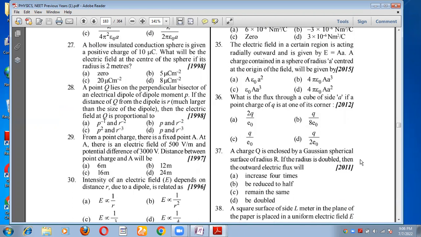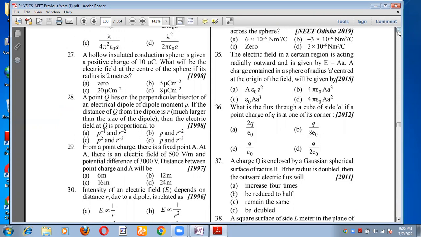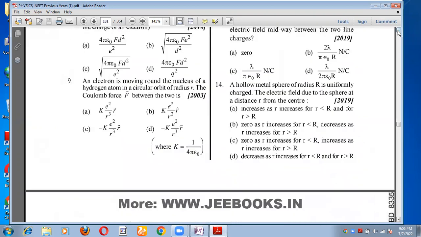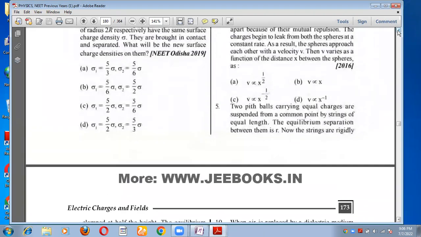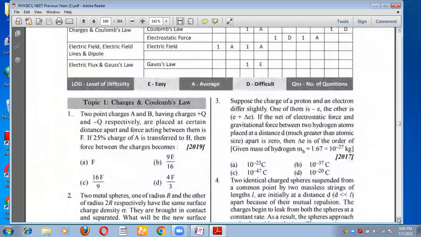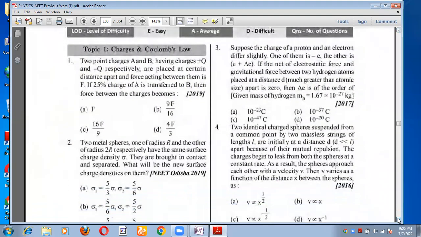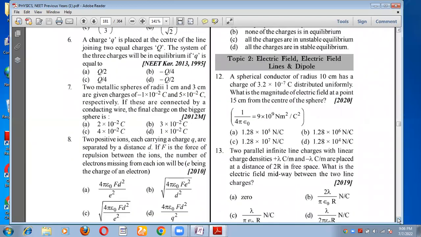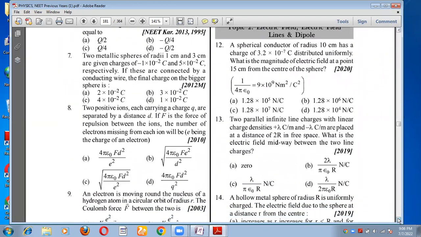If you see, Naveen, we have discussed these topics. These were NEET questions. We are discussing NEET previous year questions. We have discussed topic 1, charges and Coulomb's law. Then we discussed topic 2, electric field lines and dipoles.